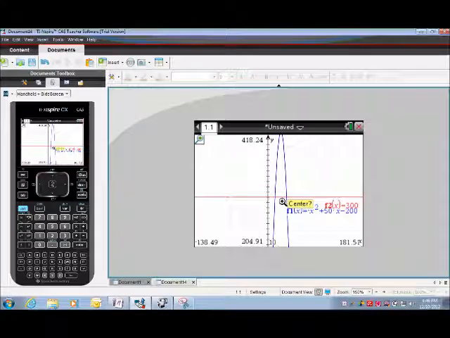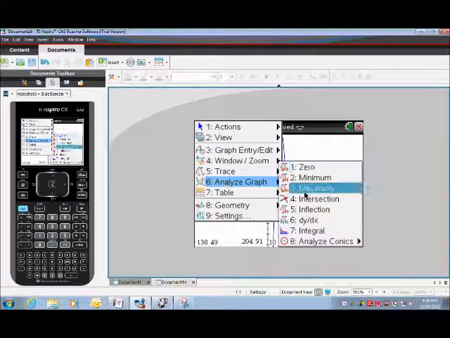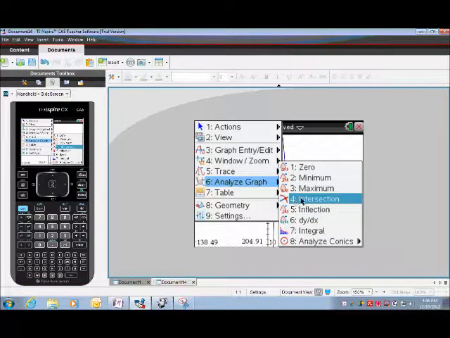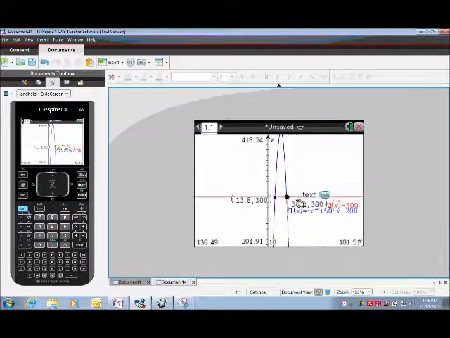Okay, so now I'm going to hit Menu, Analyze Graph, Intersections. Click to the left and right. Menu, Analyze Graph, Intersections. Click to the left and right again. Okay, so now I'm going to copy this graph over.